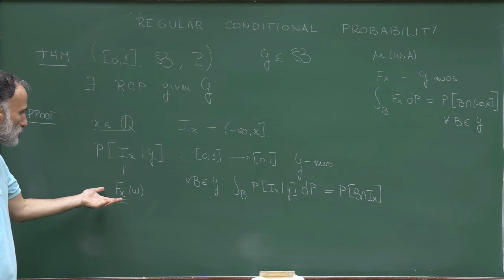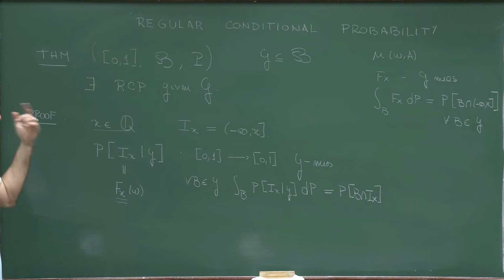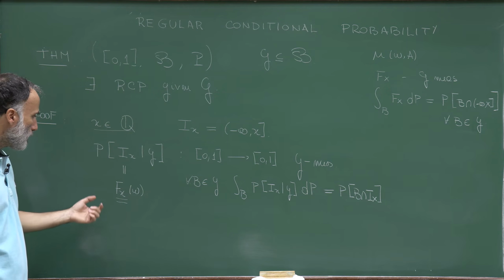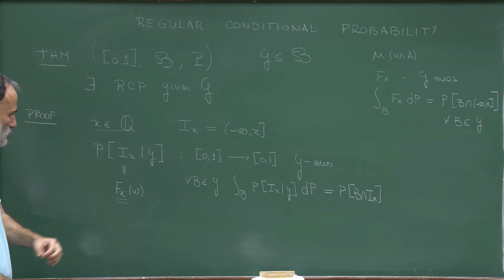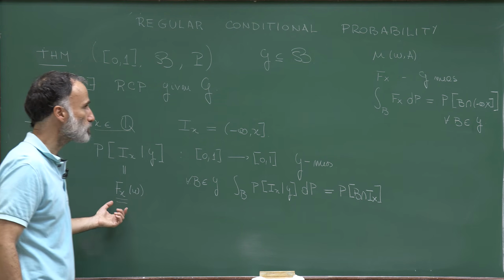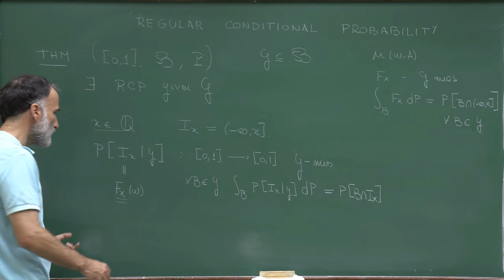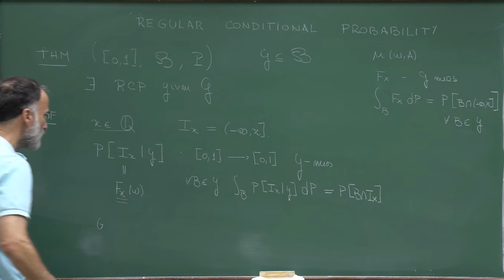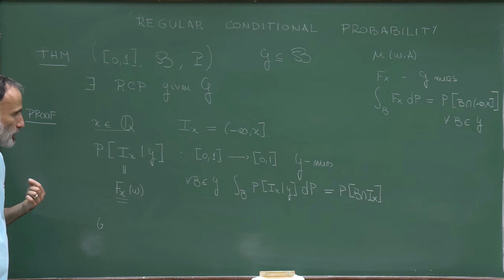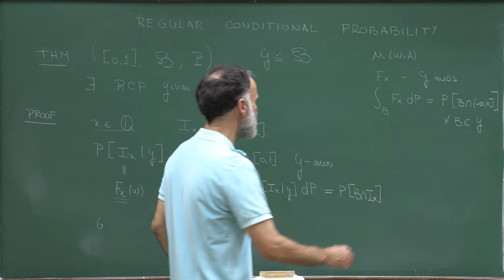With this family, as we did in a previous lecture, we will define a distribution function G. Let me make this more precise.